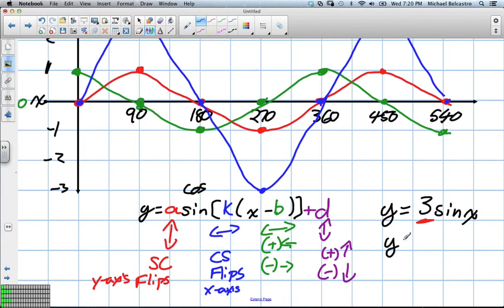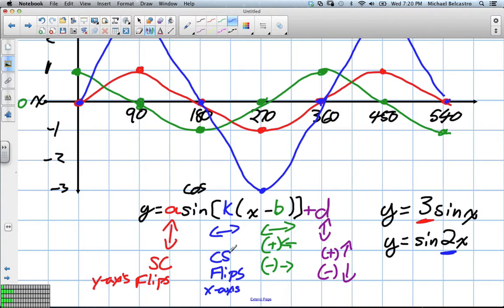What about y equals, and this time we're going to go cos, and I'm going to say 2x. What letter does that 2 represent? K. K, good. That's a K value.